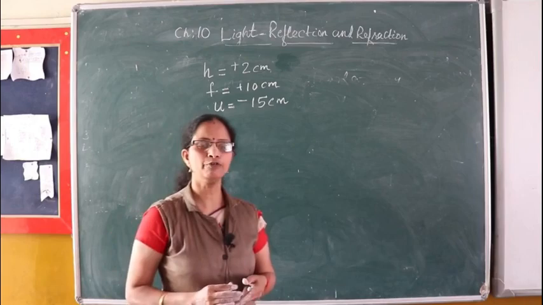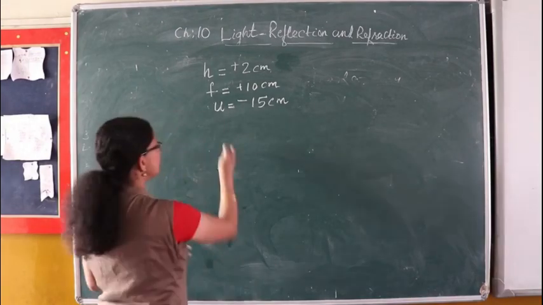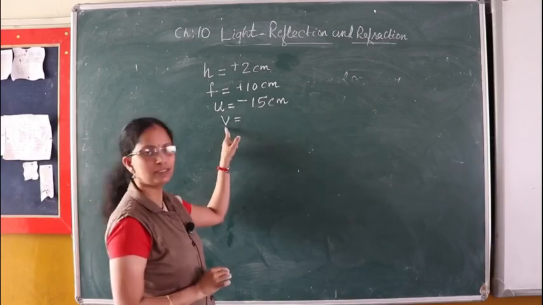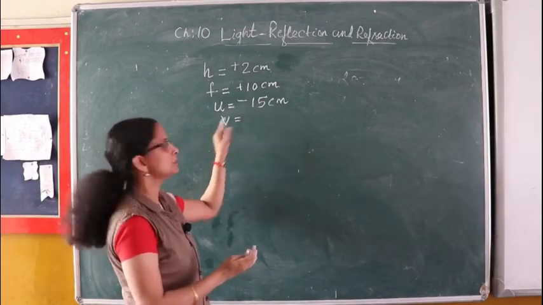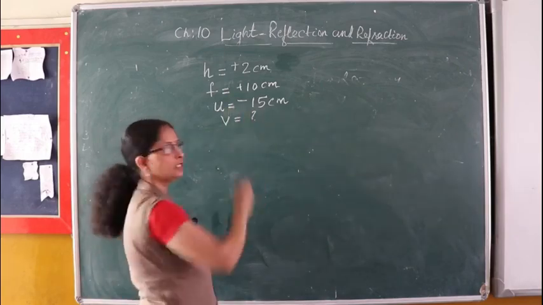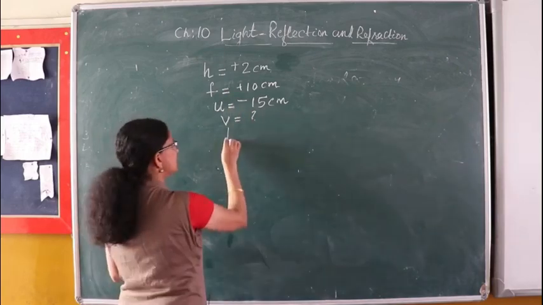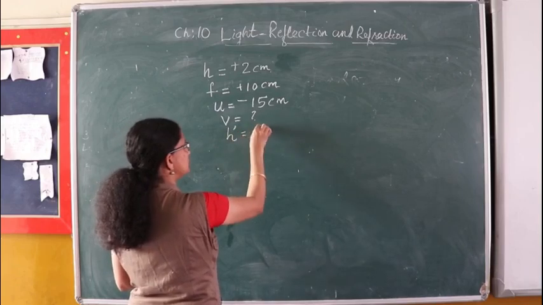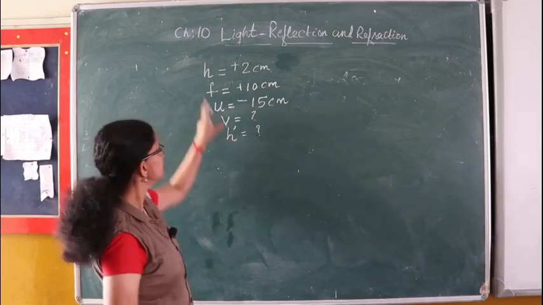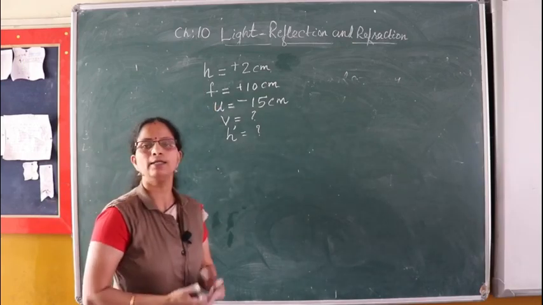Firstly, we find the position of the image by finding v, the image distance. At the same time we have to find the height of the image, h dash. So the first step is reading and understanding the question, the second step is writing all these things, and the third step is to find out the formula.